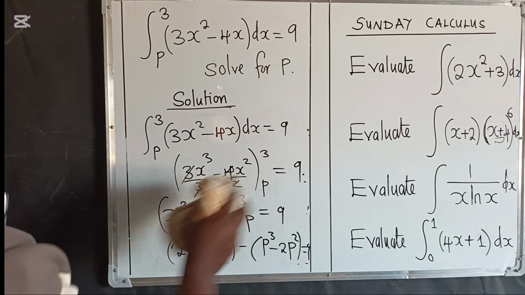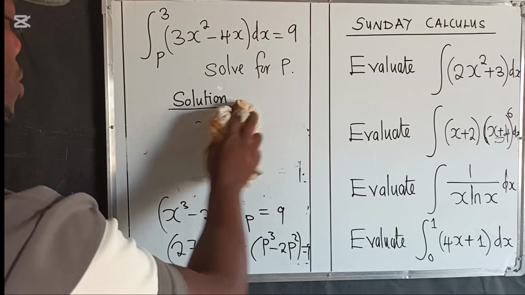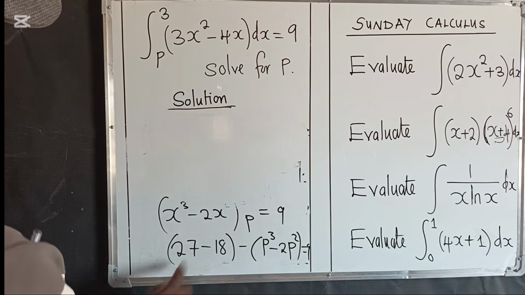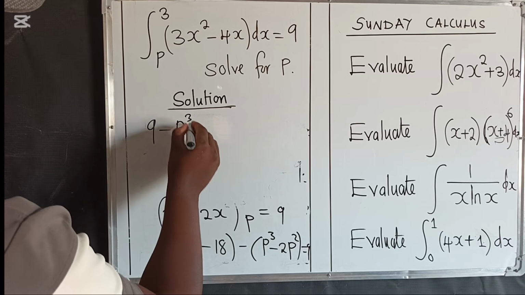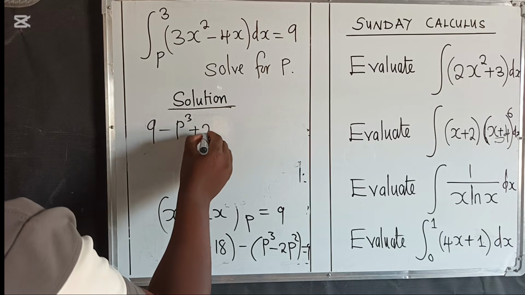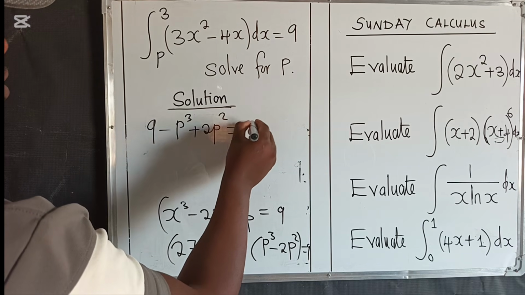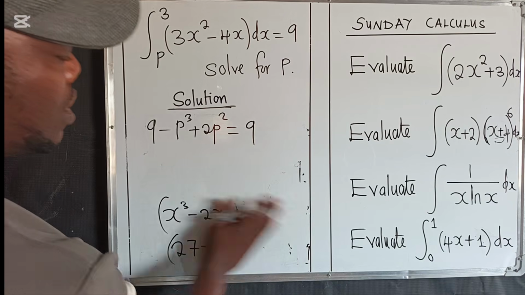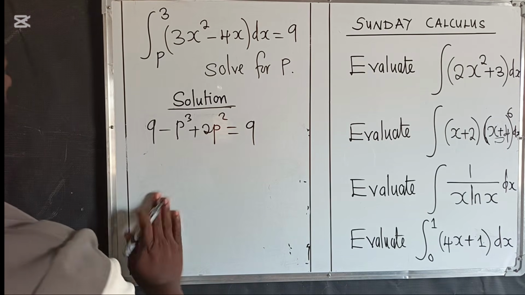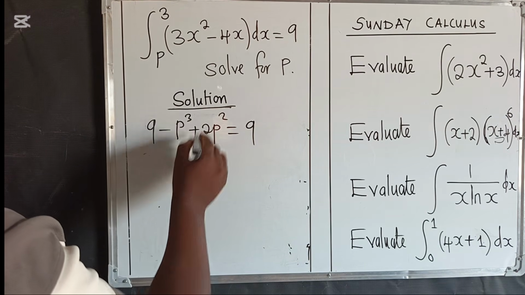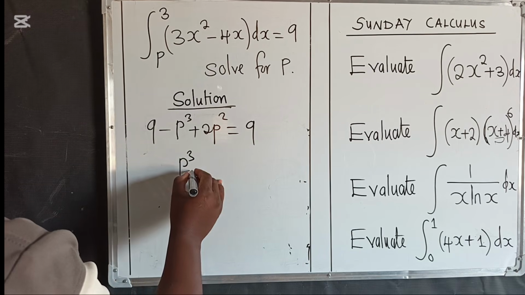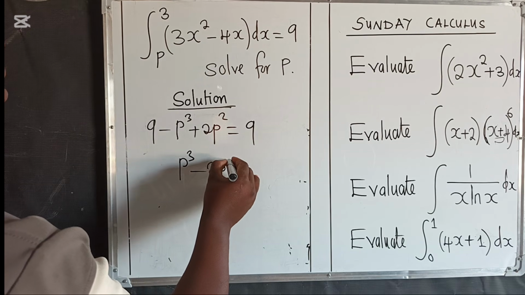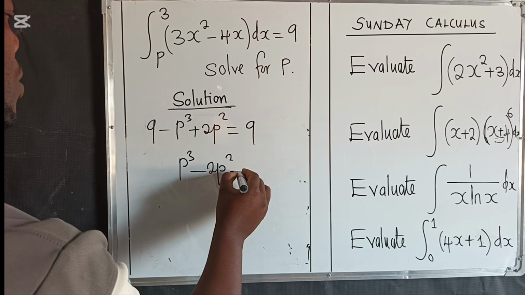Okay? So we've got an equation to solve. When we simplify here, we're getting 9 minus p^3 plus 2p^2 is equal to 9. This is what we have right here. We can now work things out. We take all the terms to this side, and this is how it's going to look.